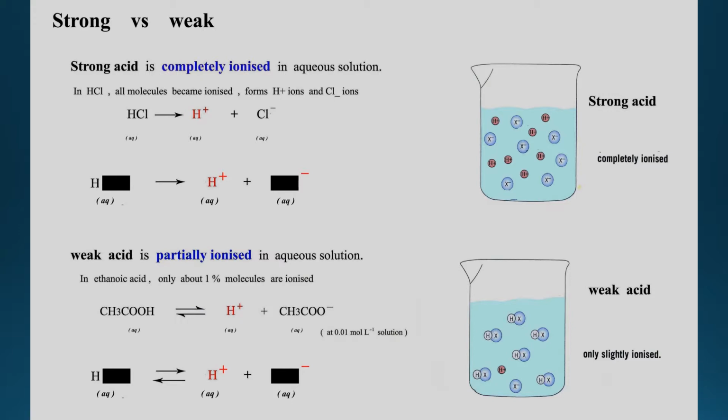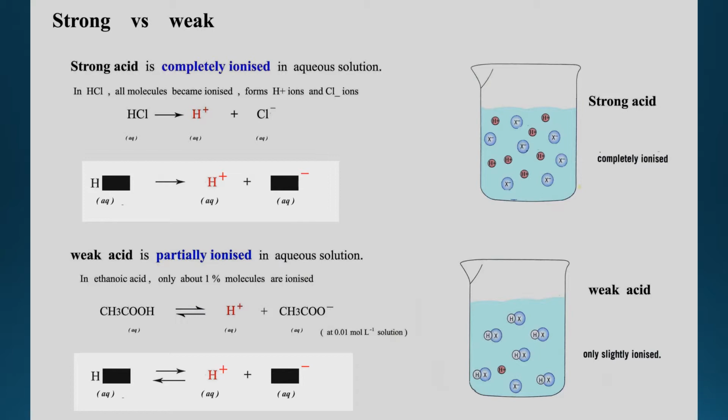That is the different equilibrium. You can see strong acid and weak acid have the same equation. The only difference is a single arrow and a reverse arrow. The reverse arrow indicates some of the reaction will go in reverse.